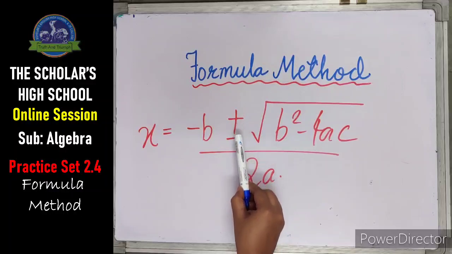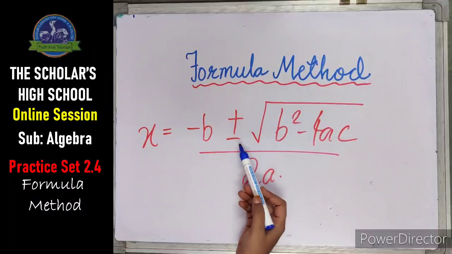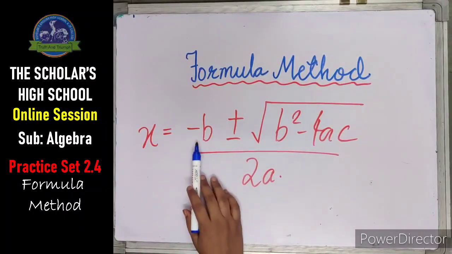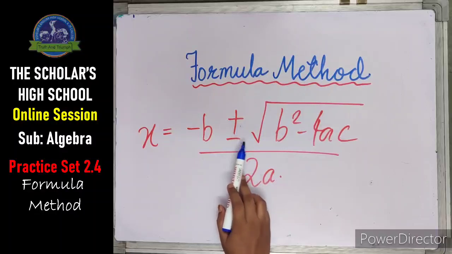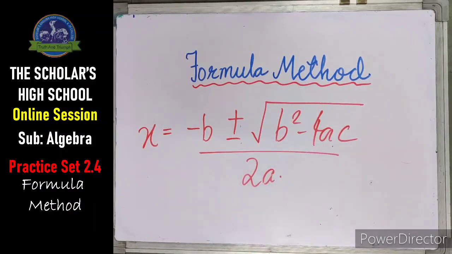Here the plus and minus sign is used because each quadratic equation has two roots. So one root will be written with the plus sign and one with the minus sign. I'll read the formula again: minus b plus minus under root b square minus 4ac upon 2a.